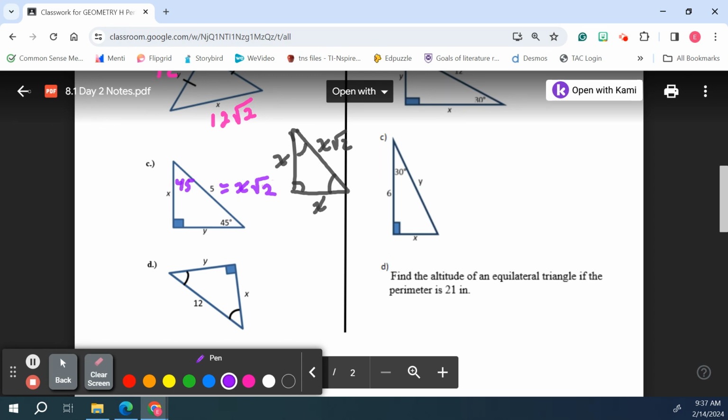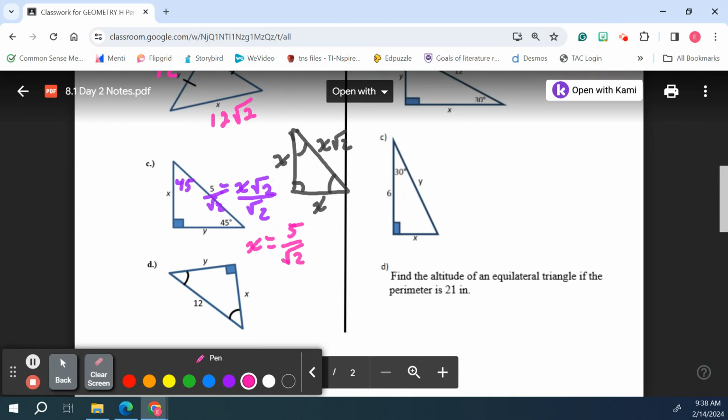Not multiply, because it's already multiplying. Divide, yeah. So I'm going to divide this side by radical 2 and this side by radical 2. That leaves me with x equals 5 over the square root of 2.